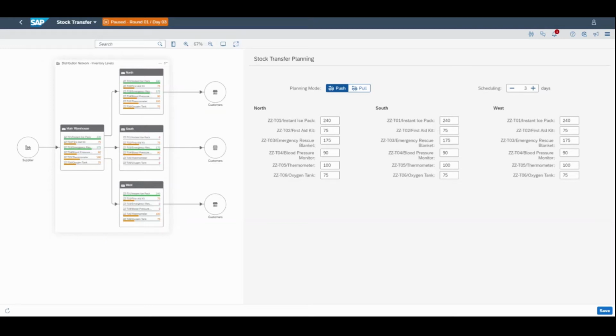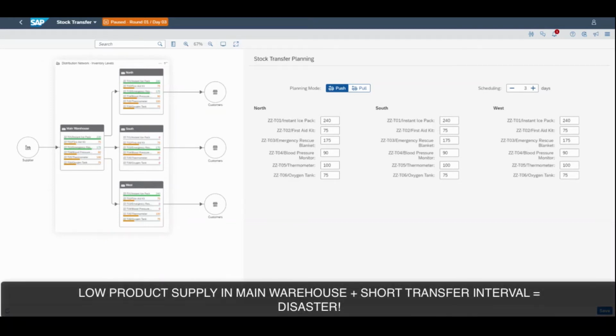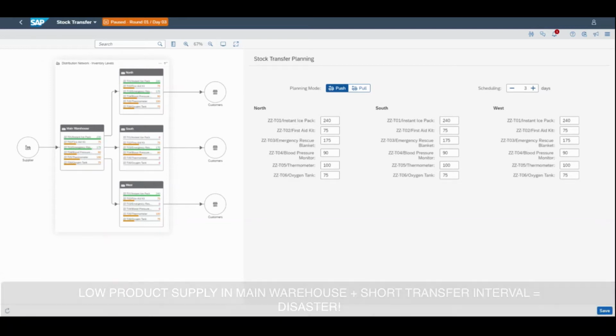The combination of low product supply in the main warehouse after the first transfer and a short transfer interval is a recipe for disaster. Not only will teams incur the same transfer cost by sending less products to their regional warehouses, but with a short transfer interval, teams end up accumulating even more expenses. That being said, it is recommended to choose a transfer frequency close to the 5-day automated replenishment.